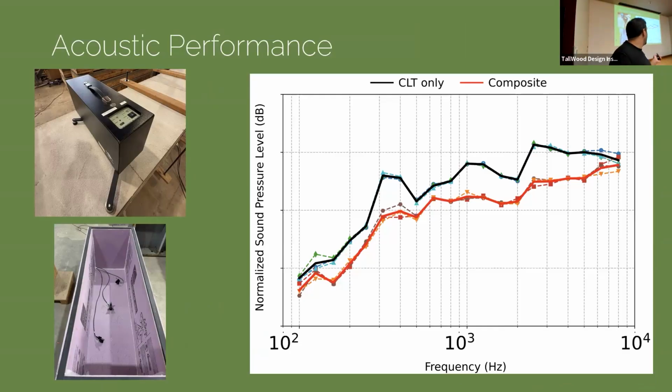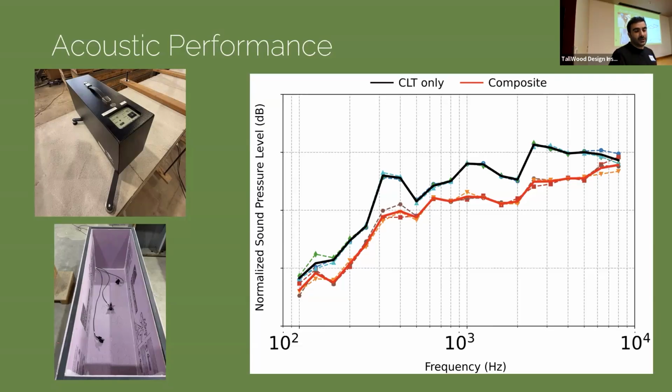And I just put the results for 1 specimen. This is one of the long specimens, which is about 20 feet in length. So you can see the third octave band frequency analysis results for bare CLT and the composite system. If you add the concrete, the sound pressure levels decreased about 15 or 20 decibels.